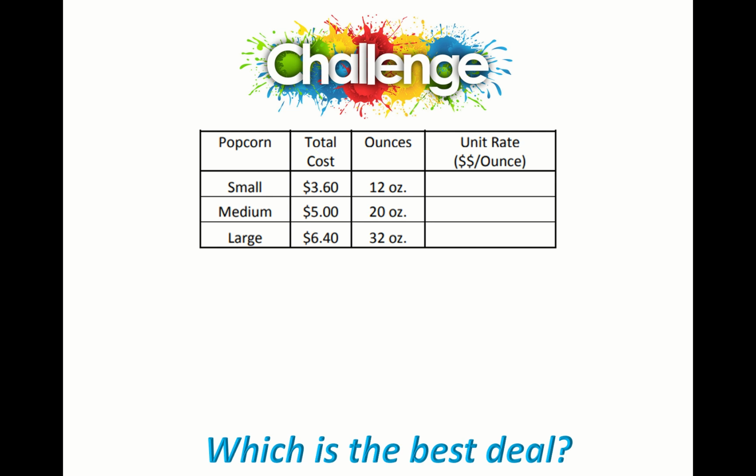So you know that a large popcorn is the best deal. You'll be spending the least amount per ounce, which means that me and my buddies that went to the movies with me, we can split a large popcorn. I hope this was a great intro challenge to unit rate, and we can't wait to learn more together.